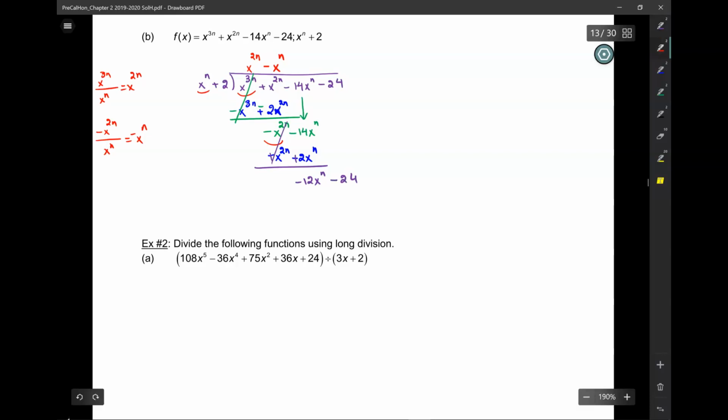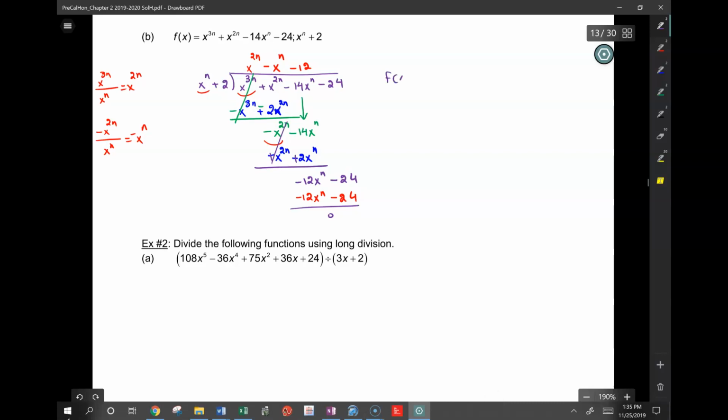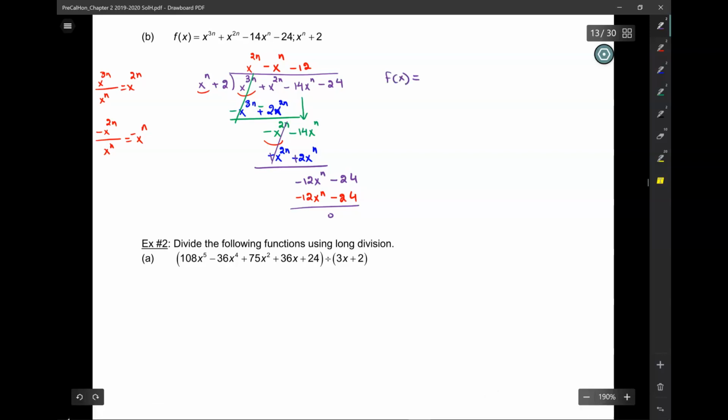So what factor am I going to put up here? Divide, you get negative 12. So we get negative 12x to the n minus 24. And the remainder is 0. So we have to factor completely, right? So f of x is the first factor times the quotient.